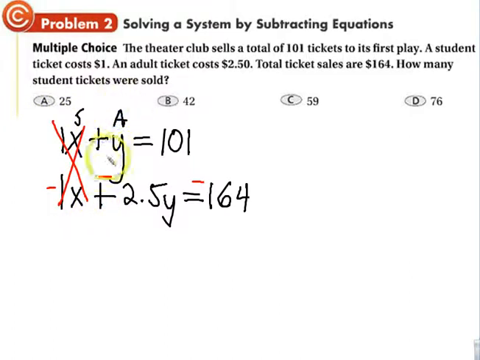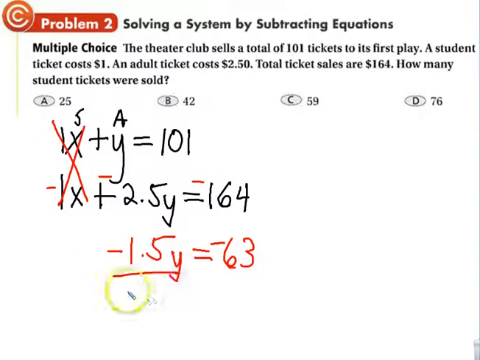So now I have 1y minus 2.5y, so that's negative 1.5y. And here I have 101 minus 164, so I get negative 63. Okay. And then I'm going to divide both sides by negative 1.5. Okay, so that's going to give me y is equal to, and the answer turns out to be 42.